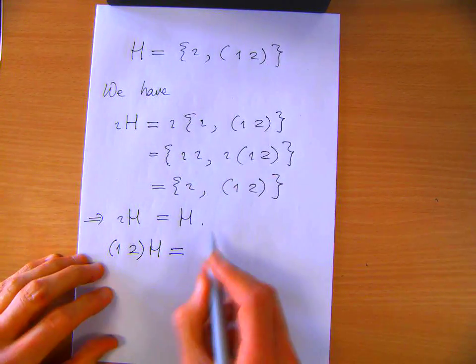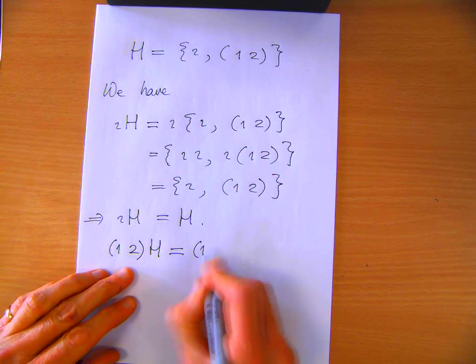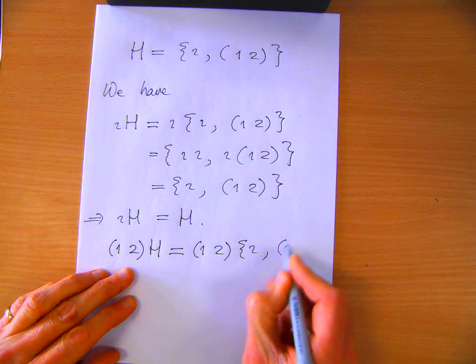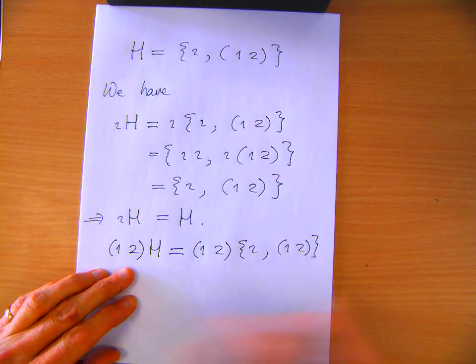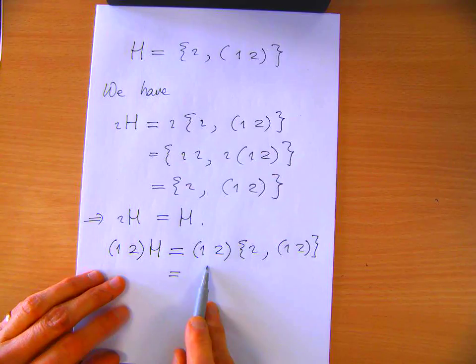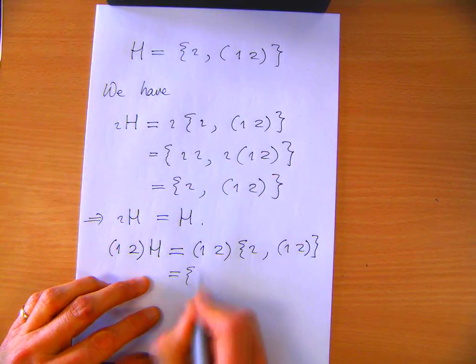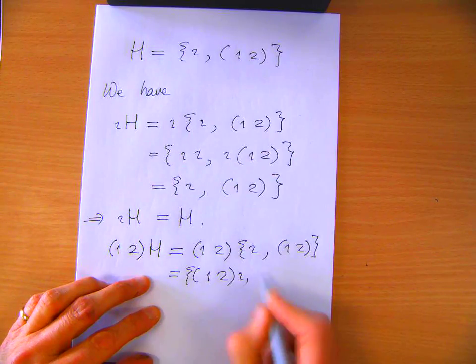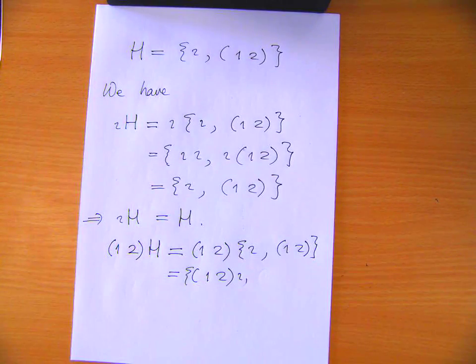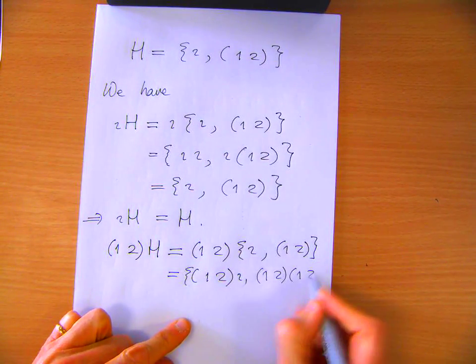But again, since this is the first example, let's just write this down. So this is (1 2) times H. So I'm really doing an example now of computing left cosets, even though we don't actually need to do this computation. So this is (1 2) iota, (1 2) (1 2).